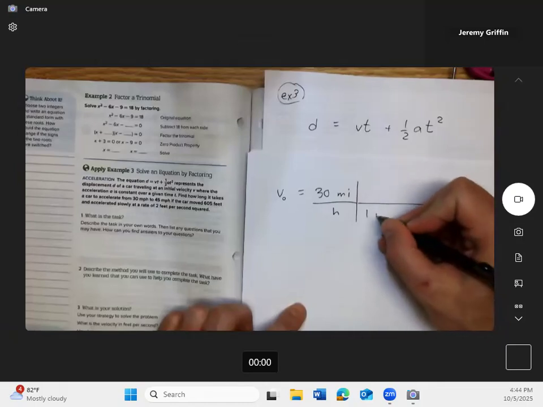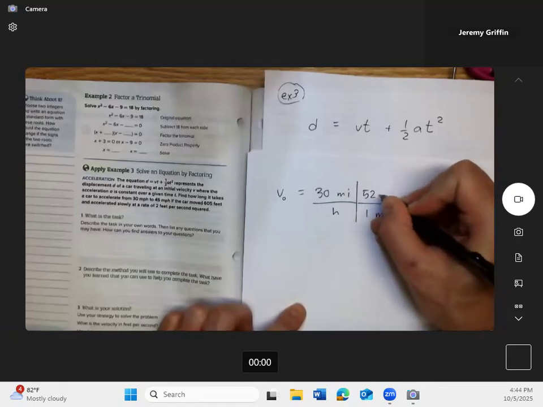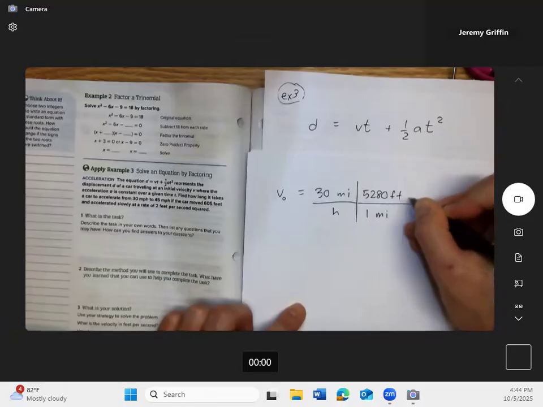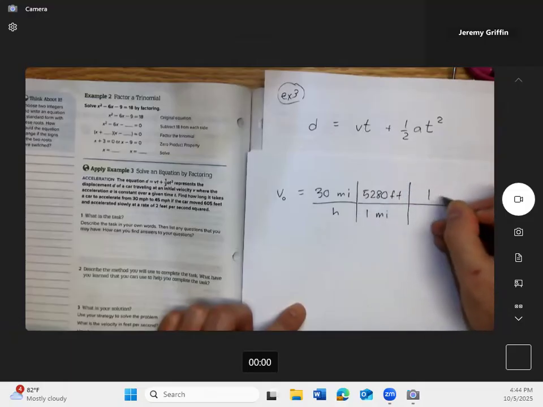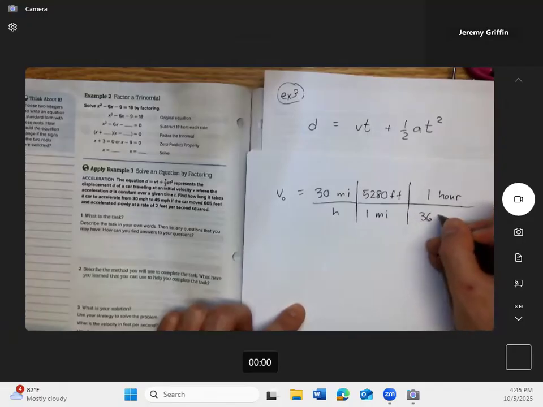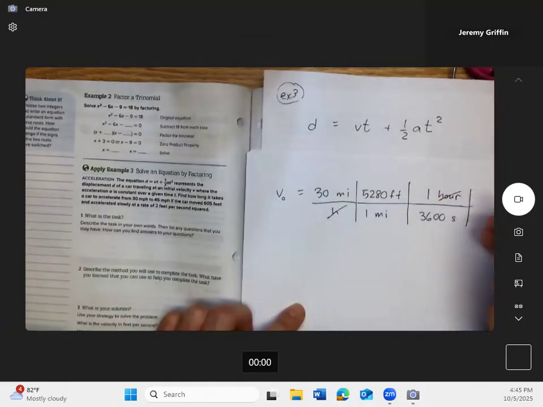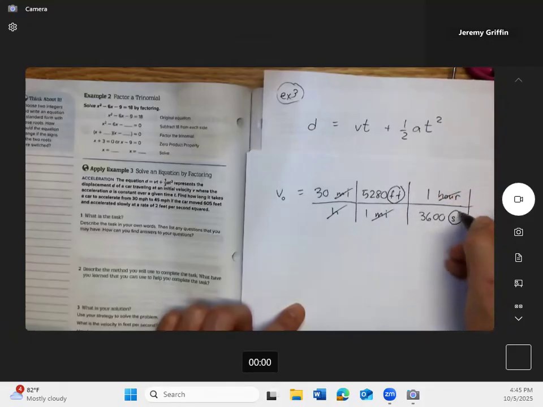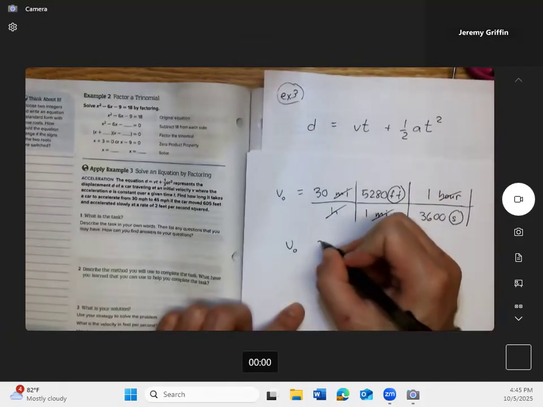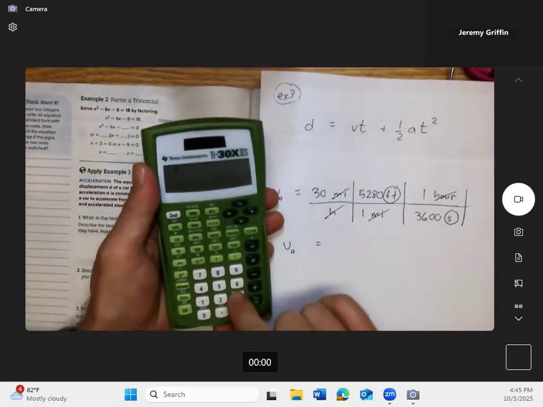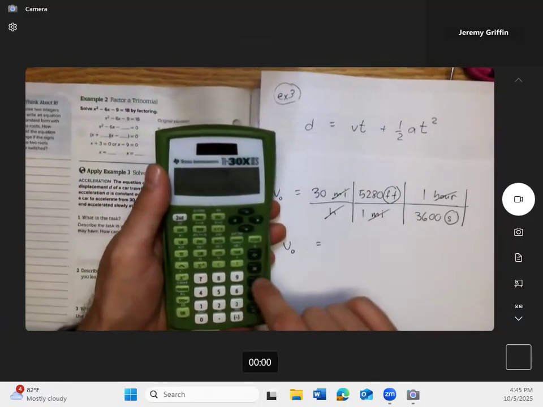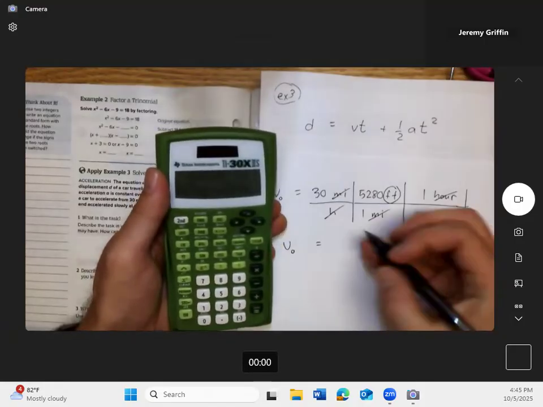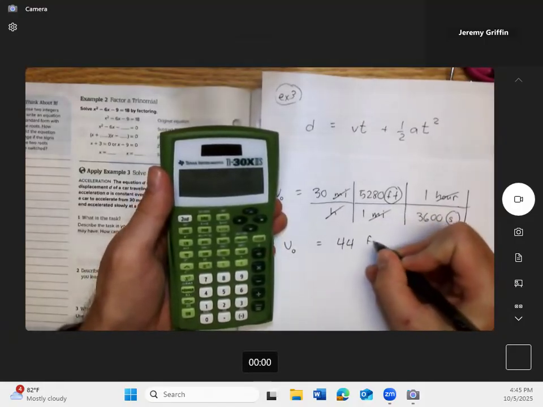I know 1 mile is equal to 5,280 feet, and 1 hour is 60 minutes, 60 seconds, that's 3,600 seconds. Then hours goes away, miles goes away, and I'll have units of feet per second. What's 30 times 5280 divided by 3,600? That's 44 feet per second.